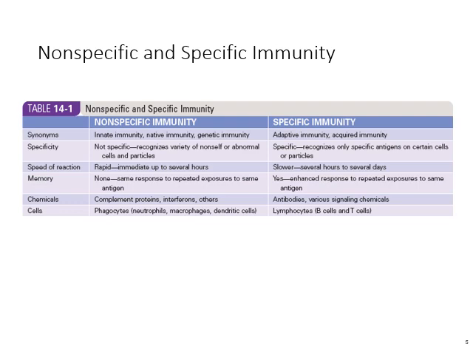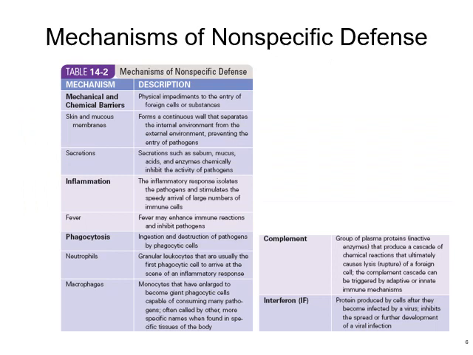This table is from your book. It has things in columns, and if you are the kind that likes to learn from columns and comparing, this is where you would come to learn about non-specific and specific immunity. This covers the non-specific defenses. We just mentioned inflammation. That's one of them.